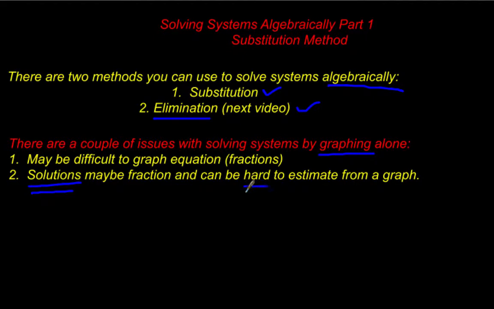That's going to be hard to estimate if you want the exact solution. So we have other methods, and typically we're going to be using algebra. The most popular way is elimination, but we're going to use substitution in this video. These are two reasons why we don't always use graphing: it can take a lot of time, it can be difficult, and it may not be as accurate as if we did algebra.